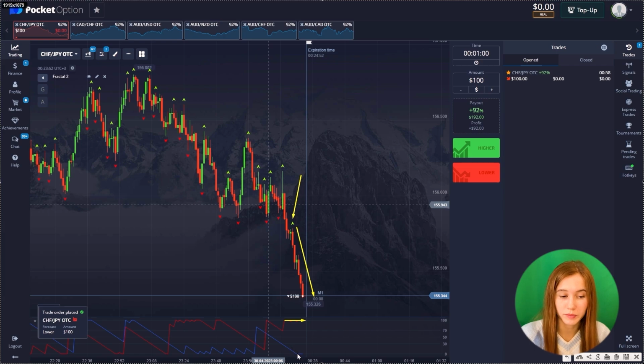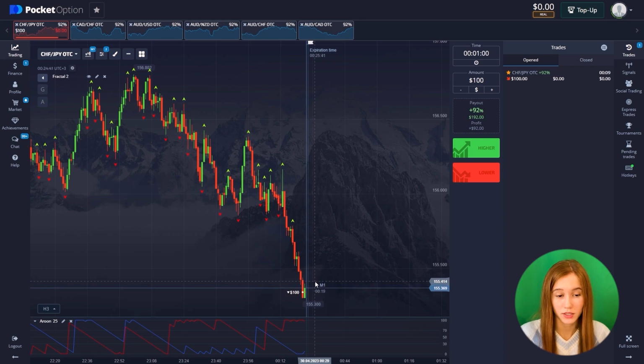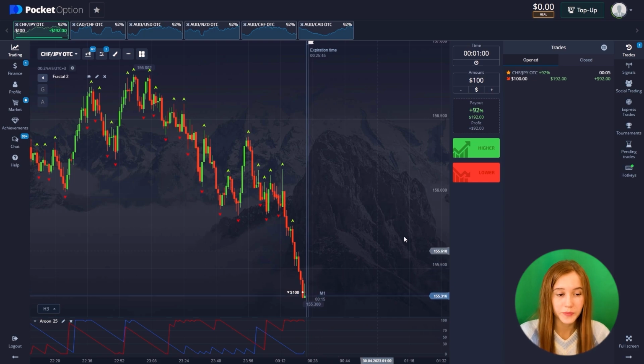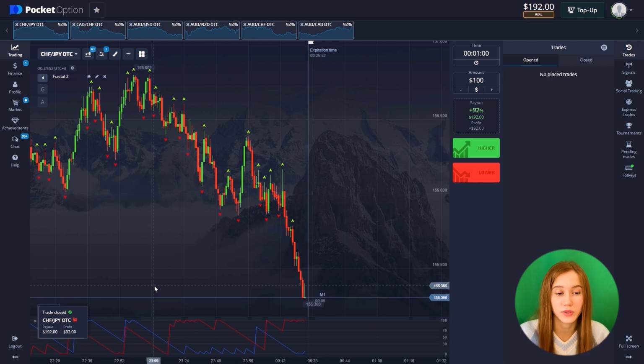Blue is at the bottom, so red prevails. Yeah, the trend is going down. Everything here is quite simple. Four seconds left until the end of our deal. Yep, and this deal is in plus. Profit is $92. Great, our balance is already $192.